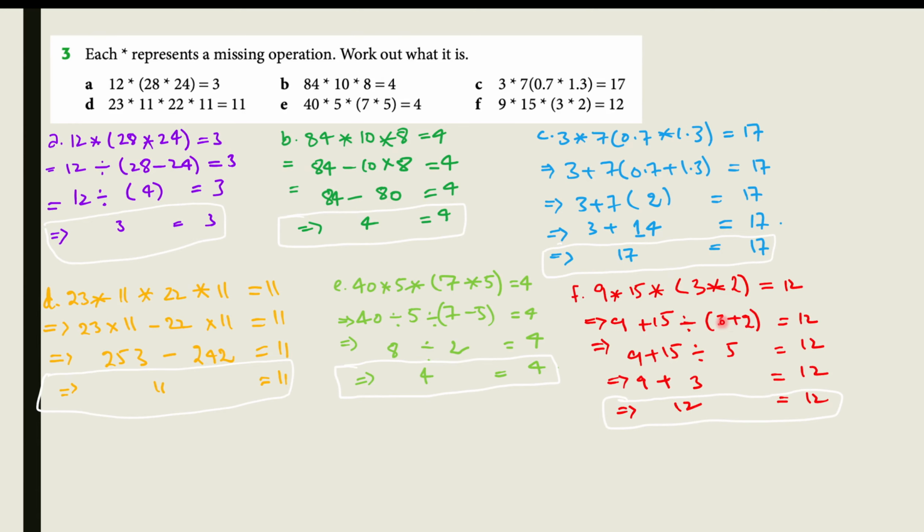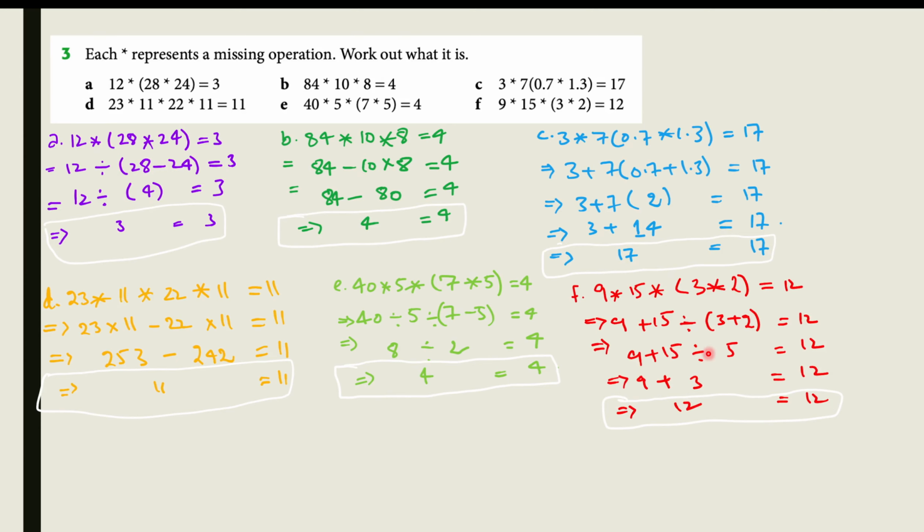If we do subtraction, we get 1, and 15 divided by 1, we will get 15. Now 9 and 15, if we add, it's not going to give us 12. If we subtract, it's not going to give us 12. If we multiply, the number is going to be very high, more than 12. So it means that it is not subtraction but addition.